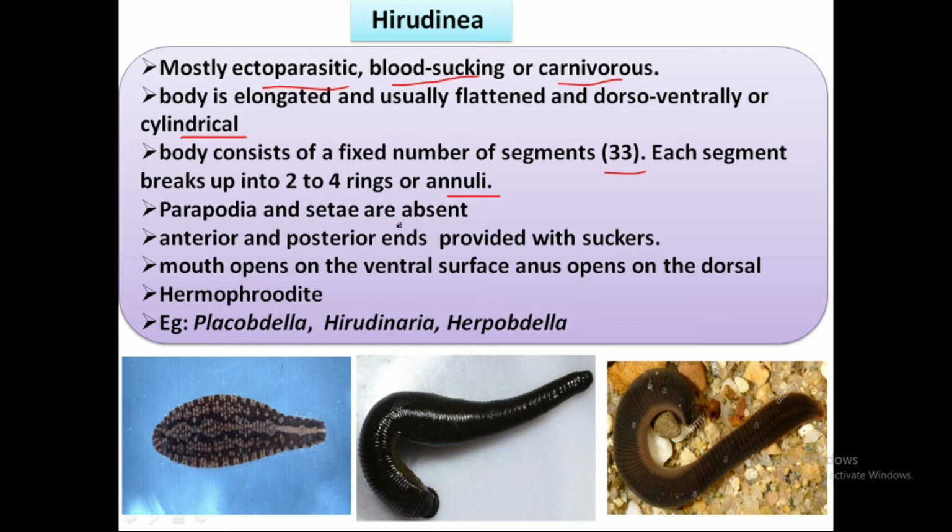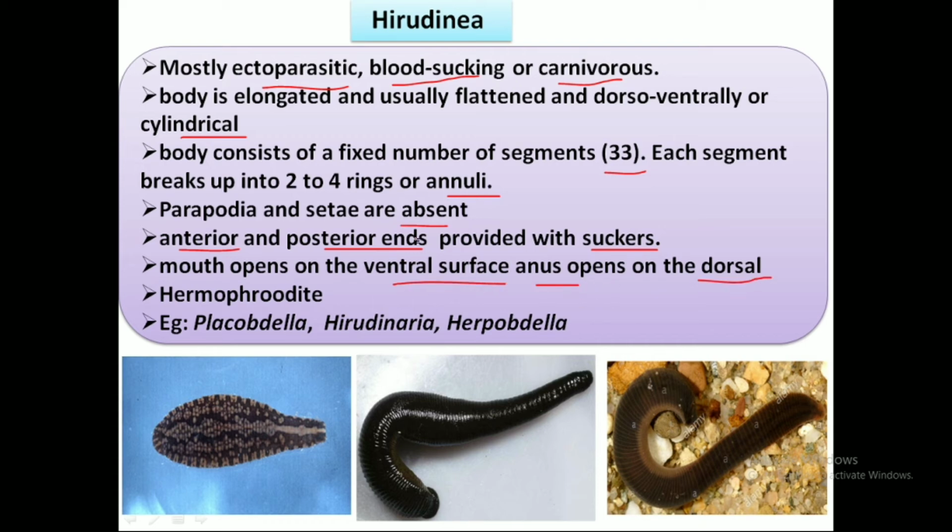Parapodia and setae are altogether absent, and both the anterior and posterior ends are provided with suckers. The mouth opens on the ventral surface and the anus opens on the dorsal surface.